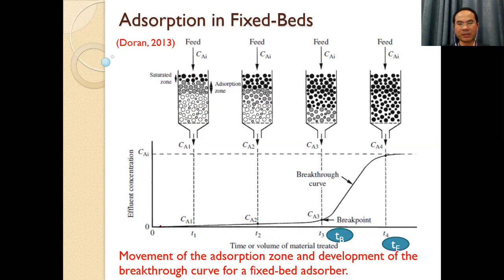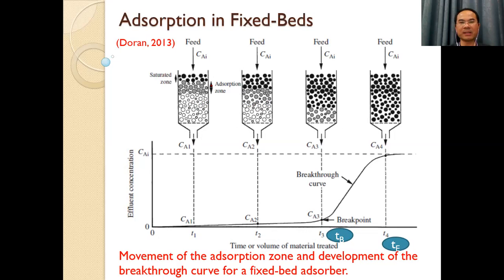And the graph shows how the concentration at the output of the column varies with time. The solid symbol, the black symbol, is the area or the solid that is saturated, in equilibrium with the solute. The empty symbol is the area that can still adsorb.